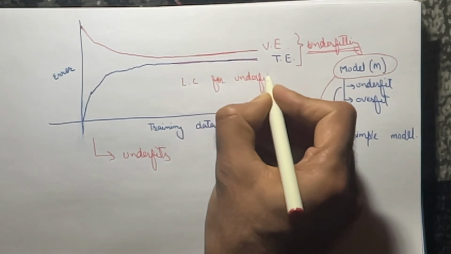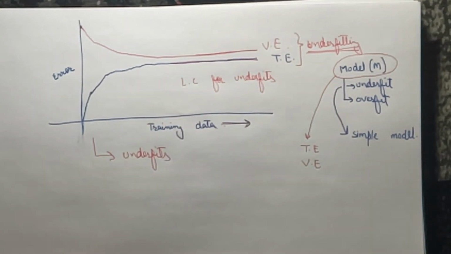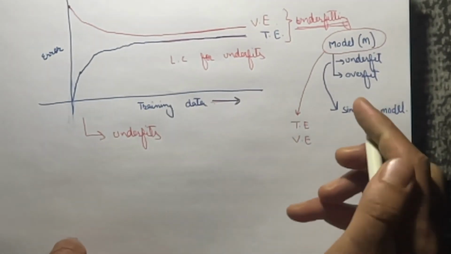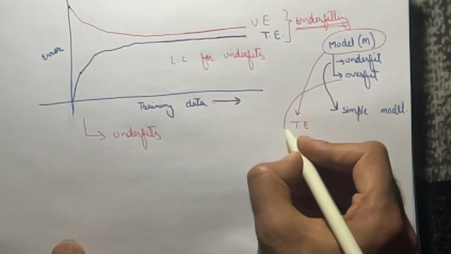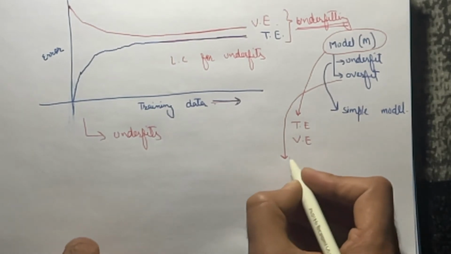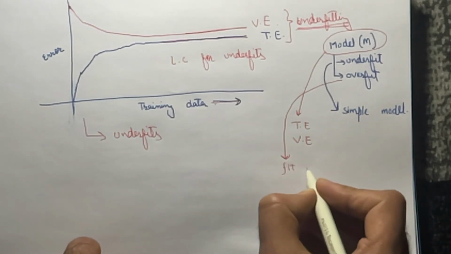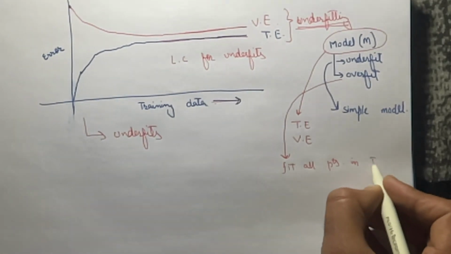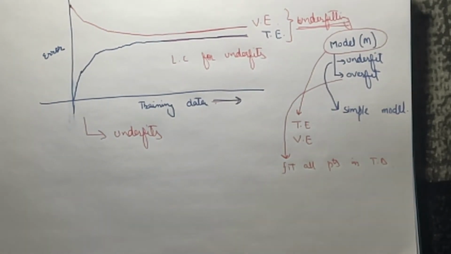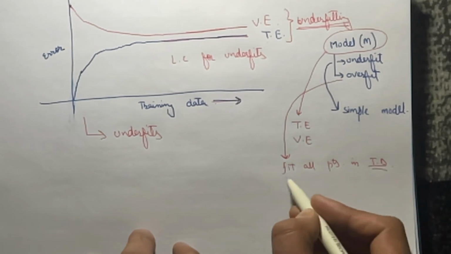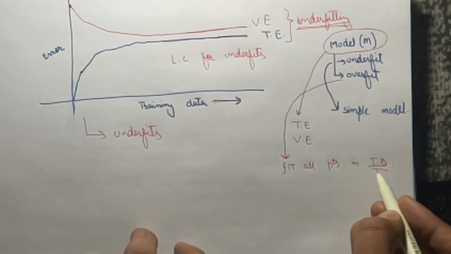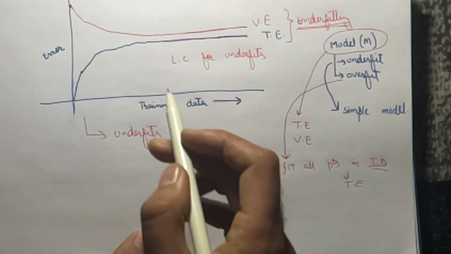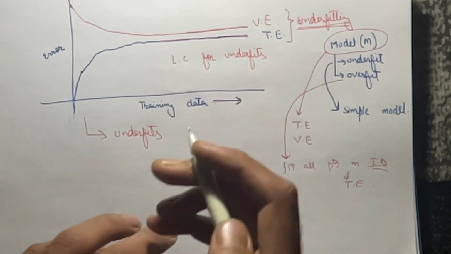Now let's see how the learning curve behaves for a model that overfits. What is an overfitted model? It is a model that tries to fit all points in the training data. You can easily see that for this model, the training error will be lower than for the underfitted model as well.